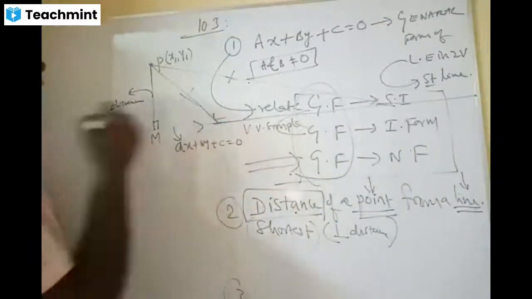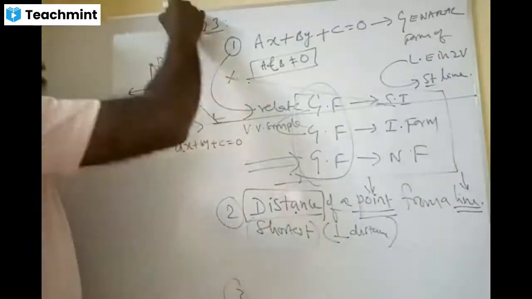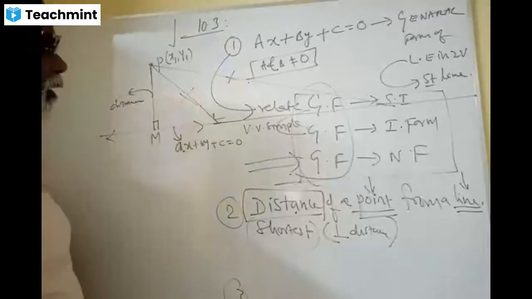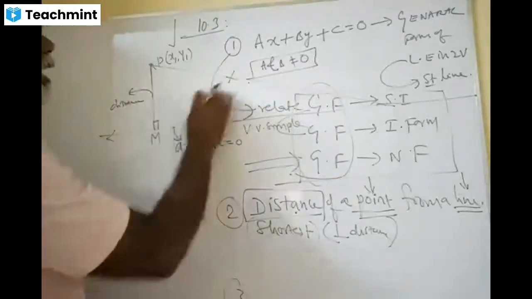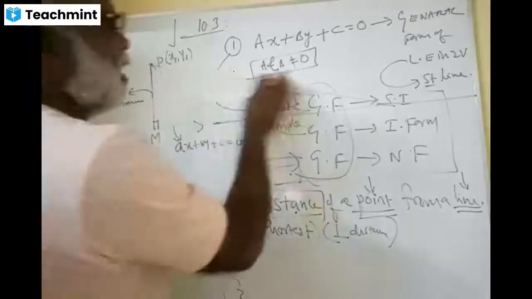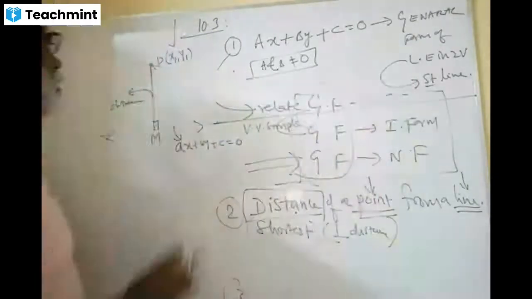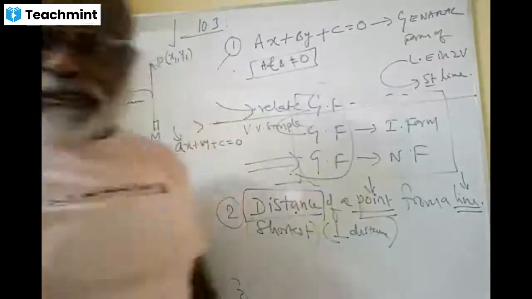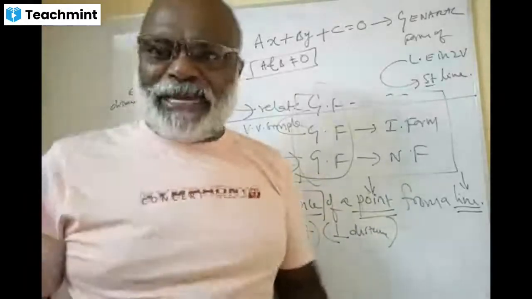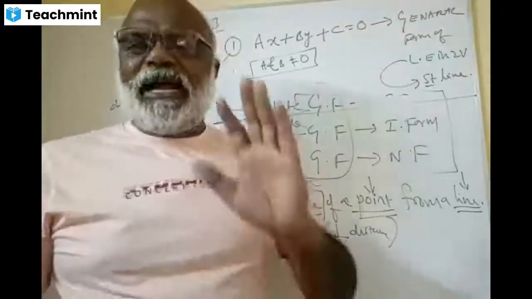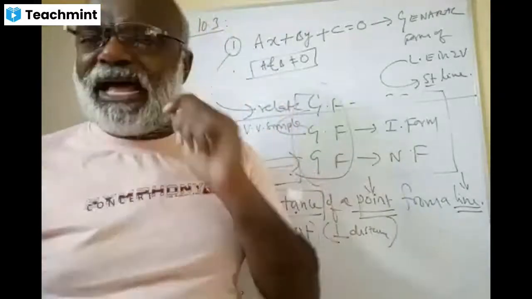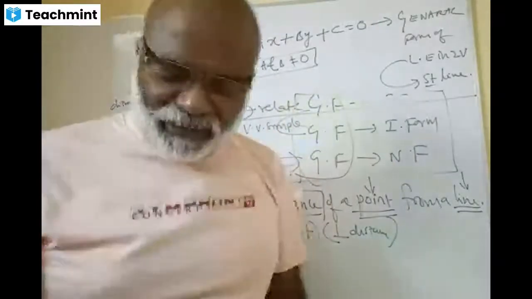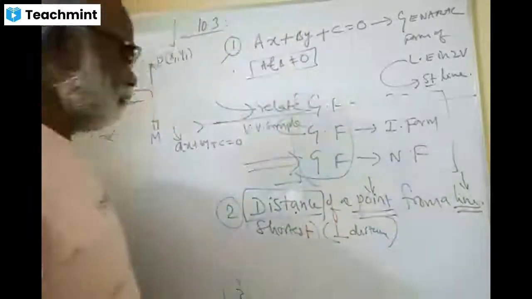This is my line, and this is my point. Then what is the distance of a point from the line, my dears? Let us learn. Before I go for the derivation, let us first write the formula, then we will think of our derivation.